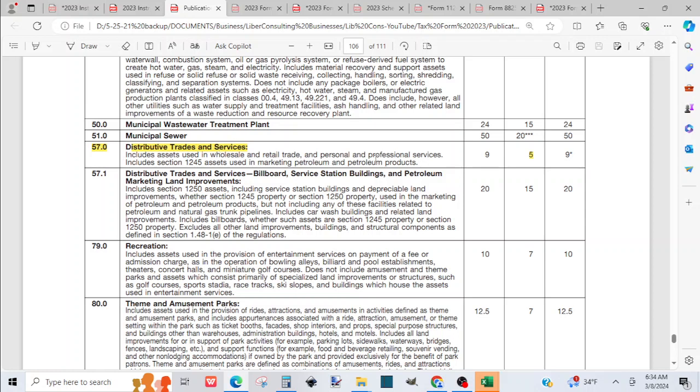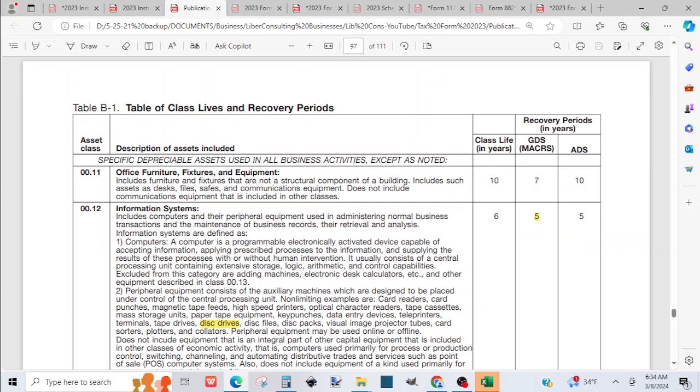It does not specify USB or external, whatever that is, therefore we'll go back to table B1 and we will use recovery period 5. The class life is 6 and the asset class is 0.12.